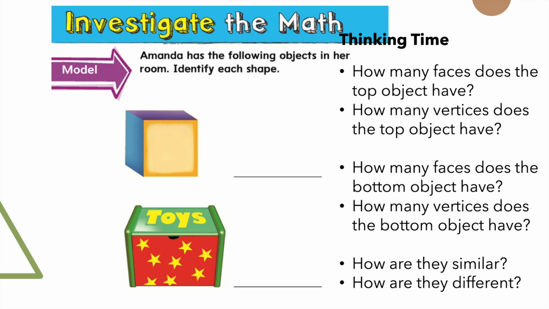So that would be 3 faces that we cannot see and 3 faces that we can see. So how many faces does the top object have? Yes, it has a total of 6 faces. Now looking at the bottom object, how many faces does the bottom object have?